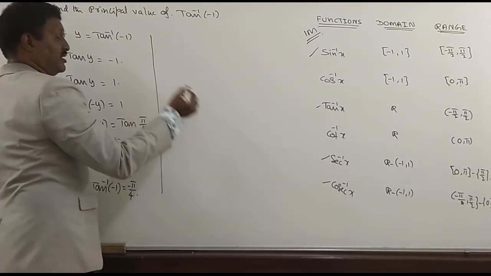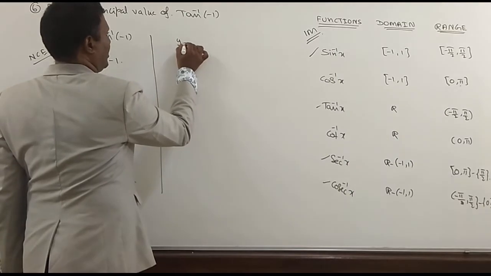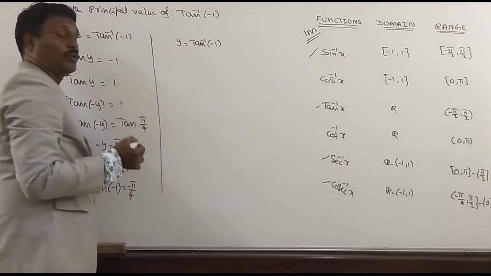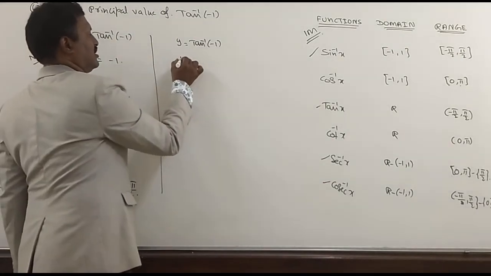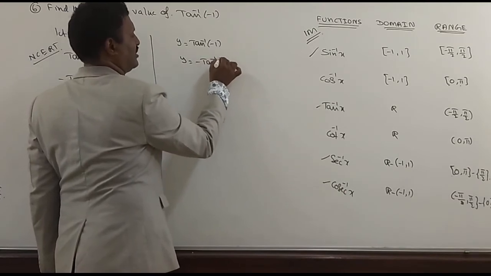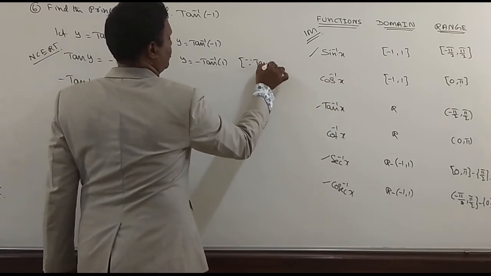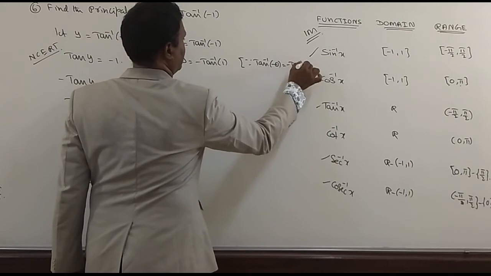Normally, how to solve in CET or any other places, directly you can solve. Y is equal to tan inverse of minus 1. Now, we know the formula: tan inverse of minus theta is equal to minus tan inverse theta.